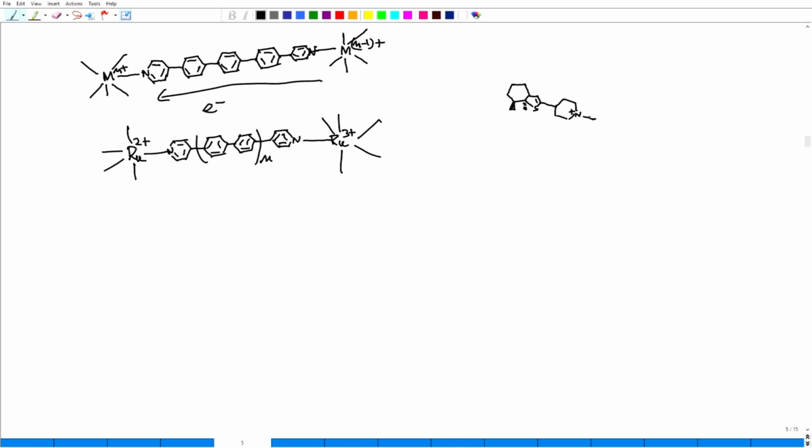N plus this. Here, here, here. This is one side, the other side is same. Other side will be same.